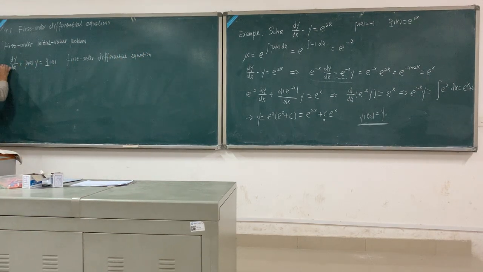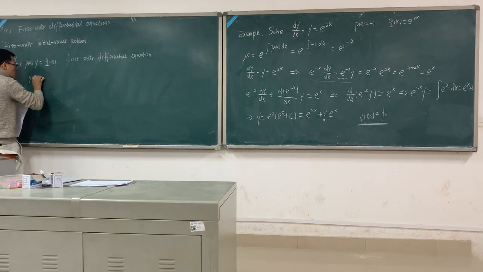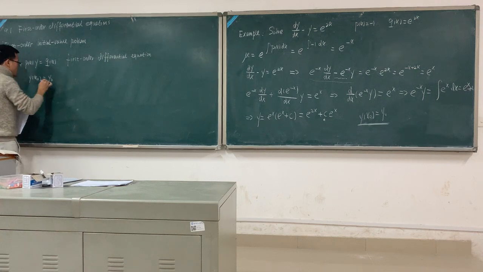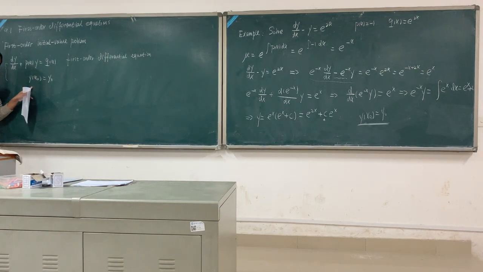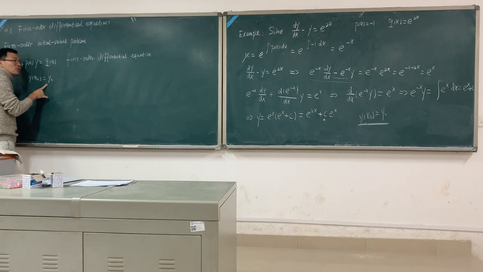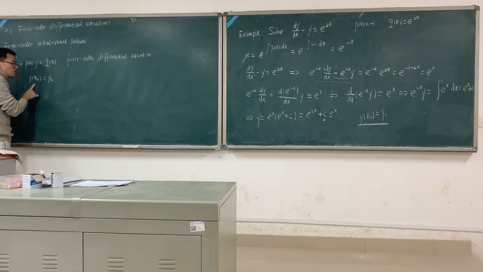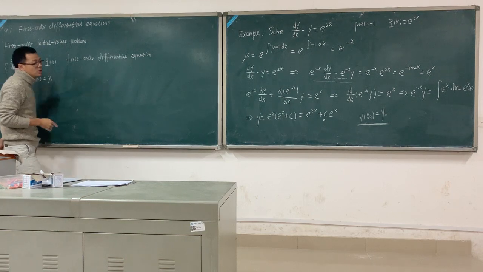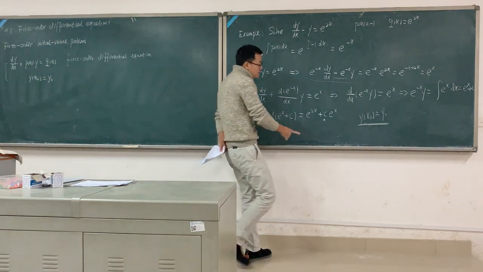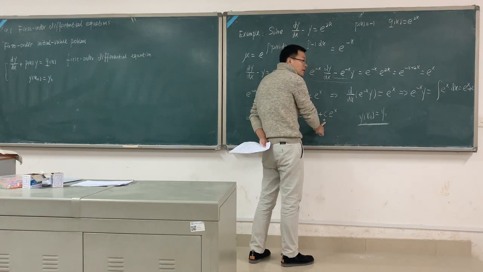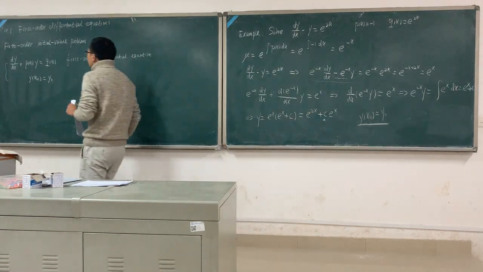The second is y(x0) equal to y0. This condition means when x equals x0, y equals y0. This condition is used to determine the constant.